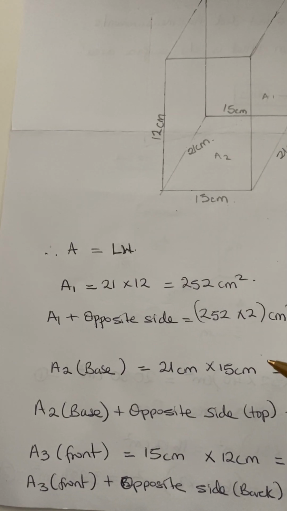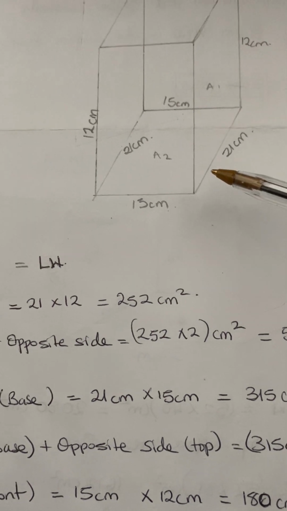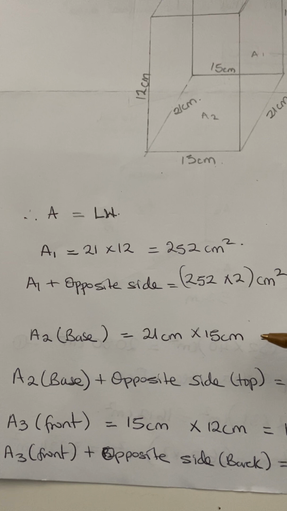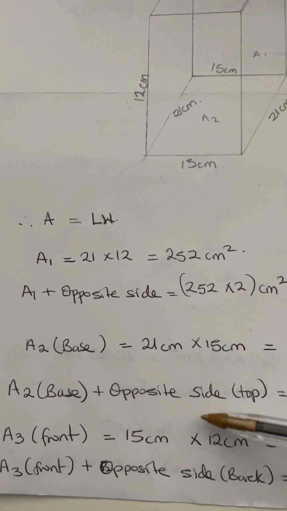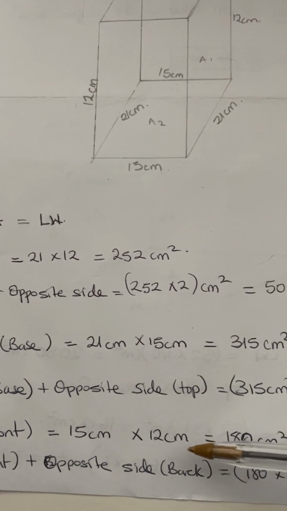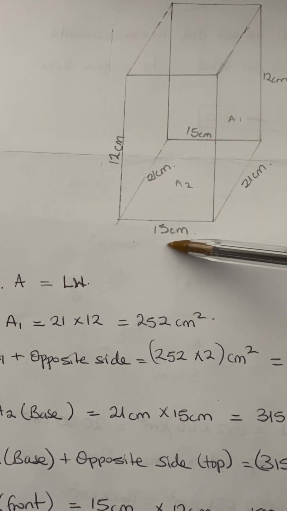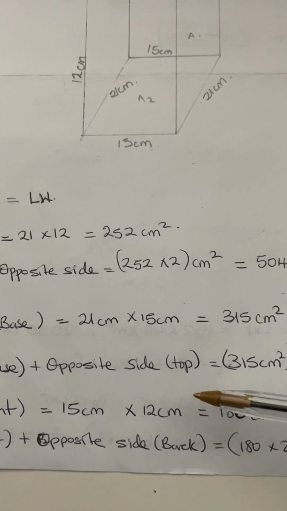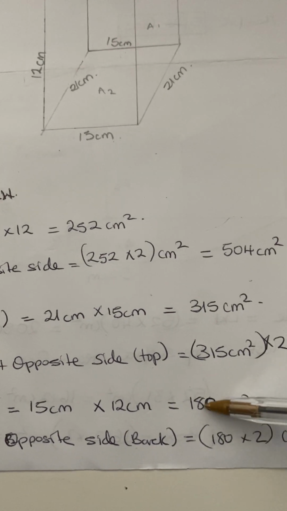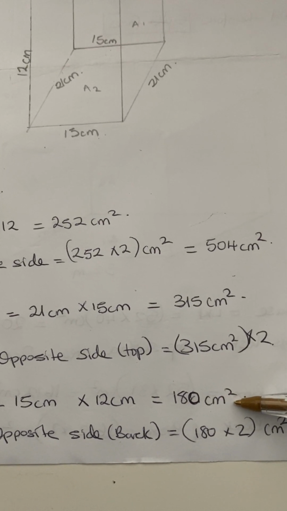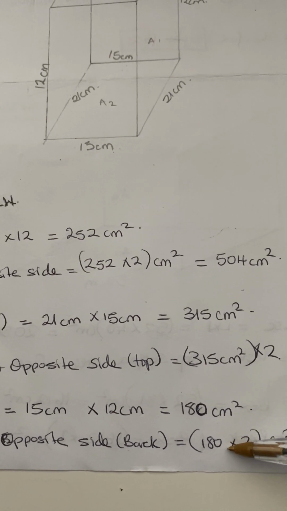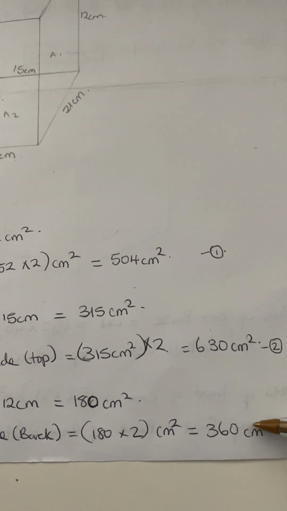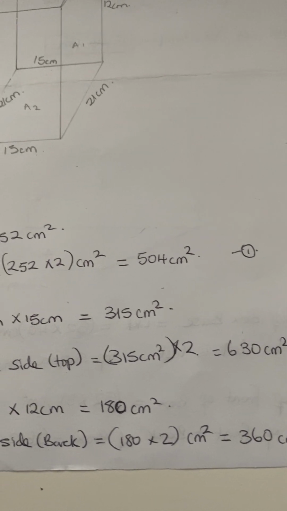Now the A3 here is the area of the front and the back, which is 15 by 12. So 15 by 12 is 180 centimeters squared. Then by 2 gives me both sides, which is 360 centimeters squared.